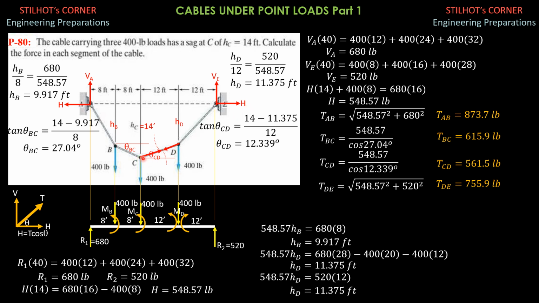So summation of moments about C, considering the forces at the left of this section, we have H times 14 feet plus 400 times 8 equals V sub A, which is 680, times 16 at this point. So H is 548.57 pounds.